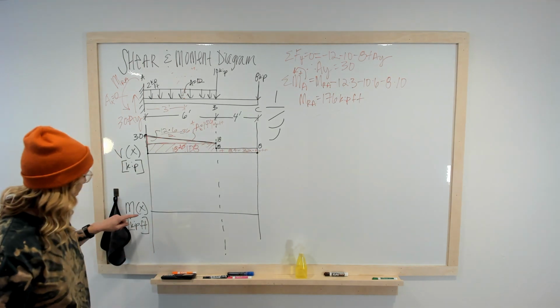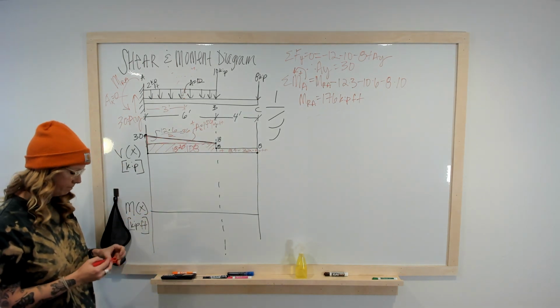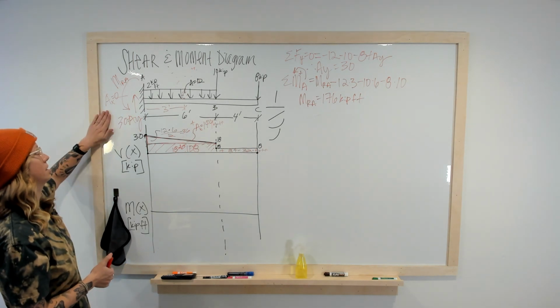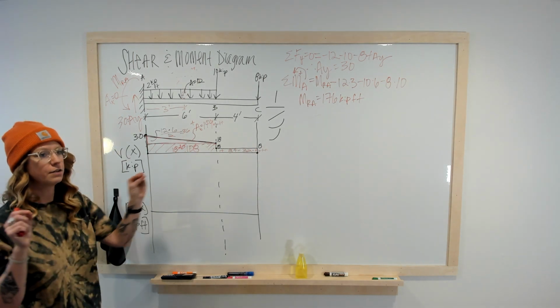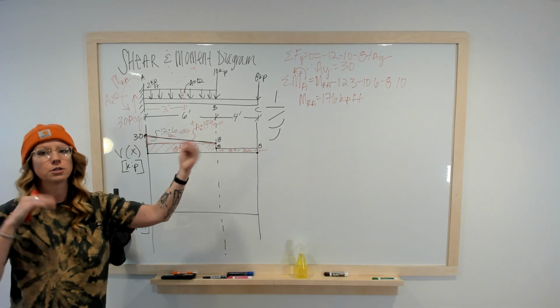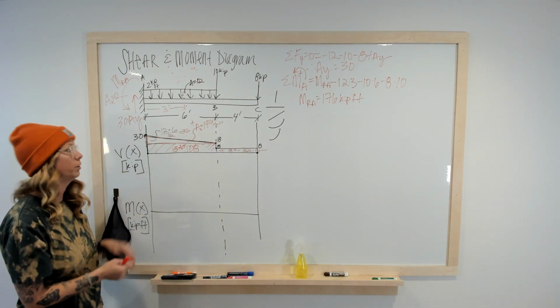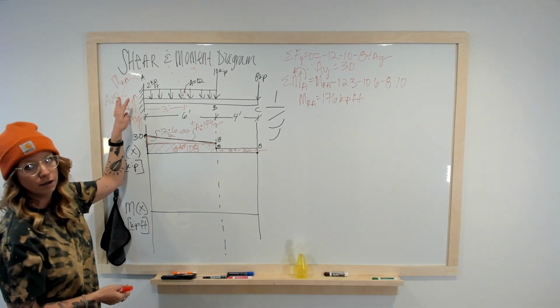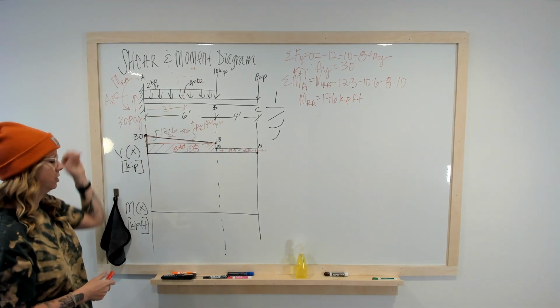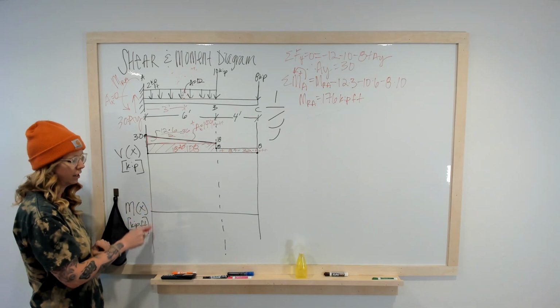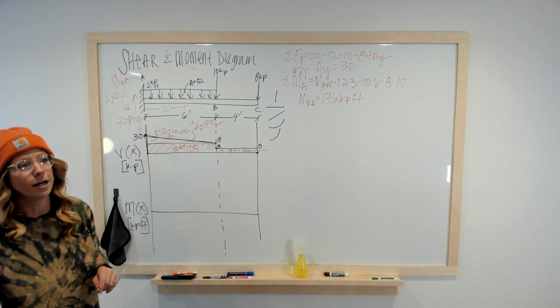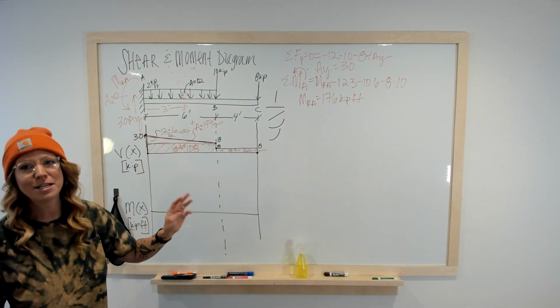So now we're going to come down here to the moment diagram. Now we have a reaction on this. So when you just have the simply supported, those supports don't resist any rotation, so you don't go directly up or directly down. But when you have a cantilever and you have a reaction there, you have to either go up or you got to go down. So Jeff Hansen is a very famous statics person.